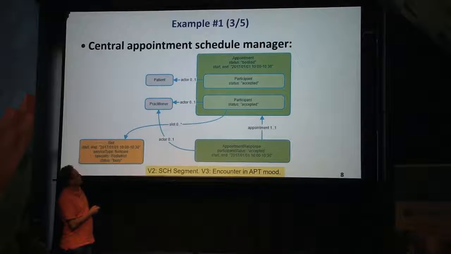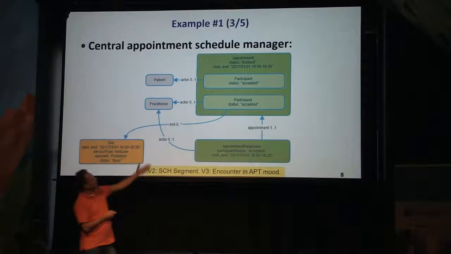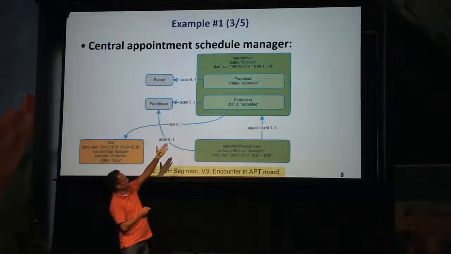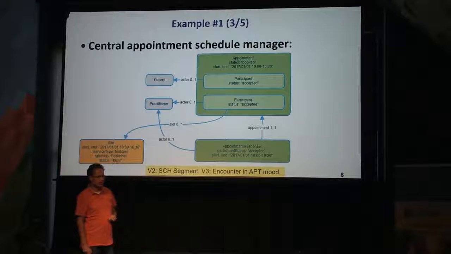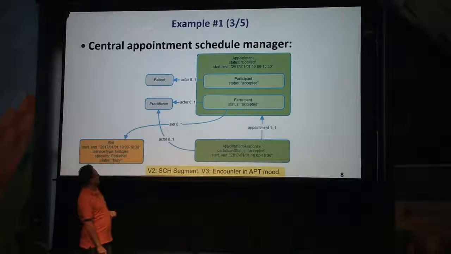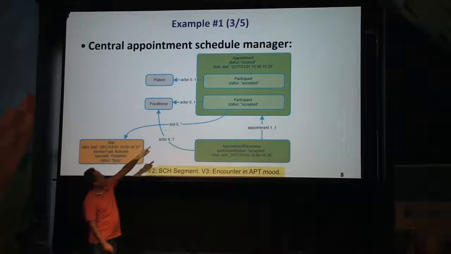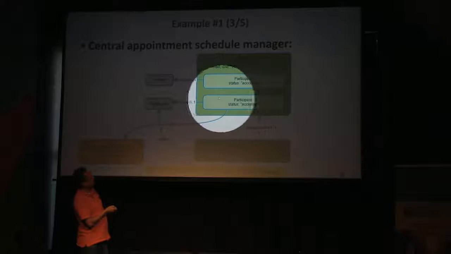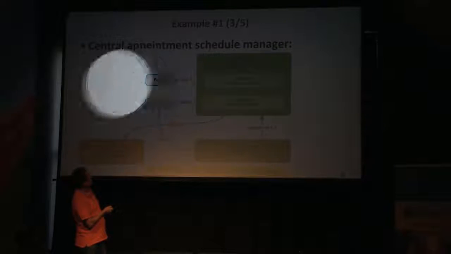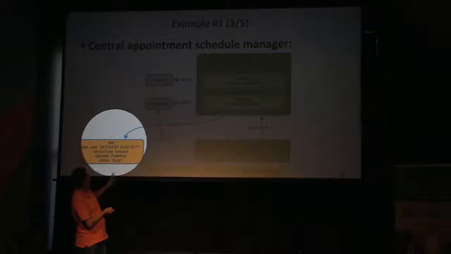Now I can start changing the statuses to, as you see, appointment is now booked, and all of the participants have accepted the appointment. Okay, so now we're done, and we also see the link, by the way, here from the participant, Dr. Hippocrates, to the corresponding slot, and the slot now has the status busy.